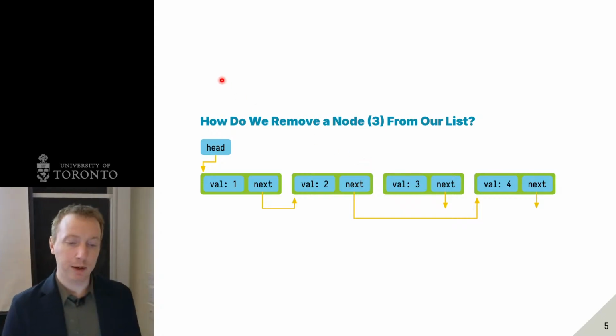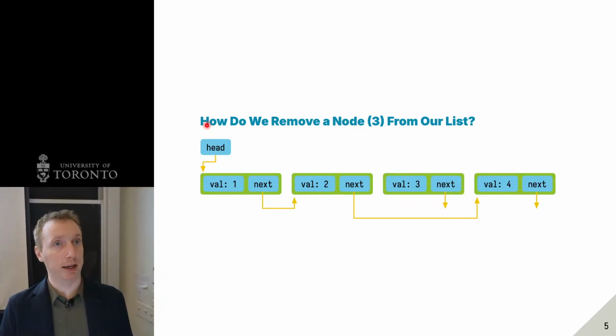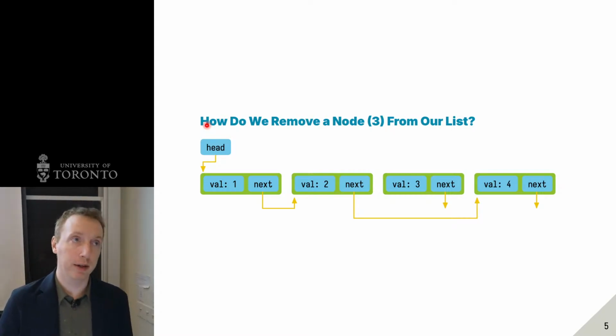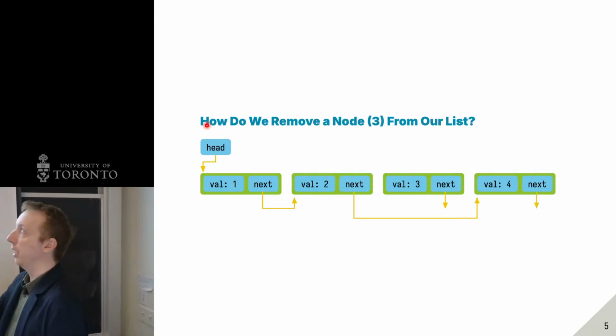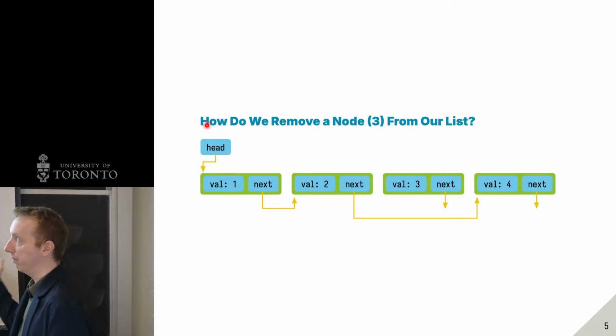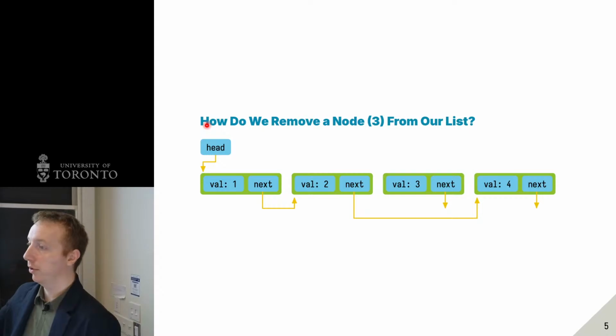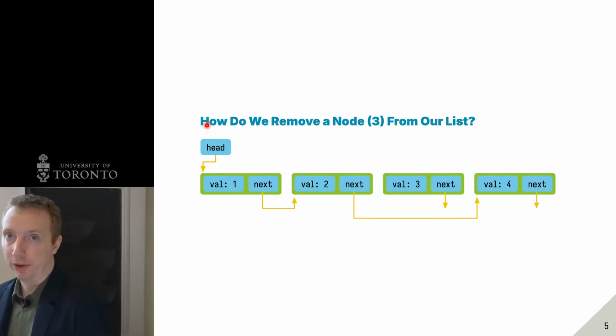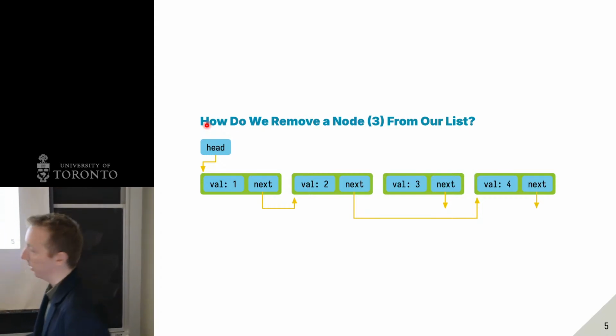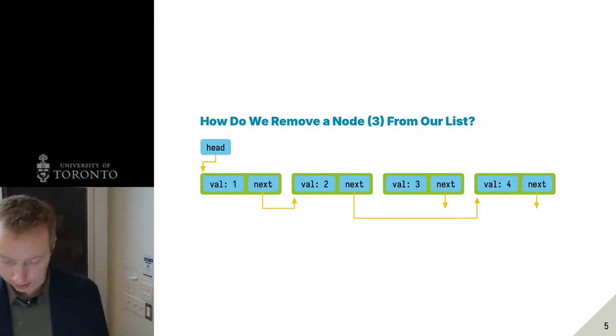So if we just start off pointing at the thing we would like to modify, then we can just go ahead and iterate normally. And if it's the first element, if it matches whatever head's pointing to, we don't have to do any special case and make sure we update the linked list head or anything like that.